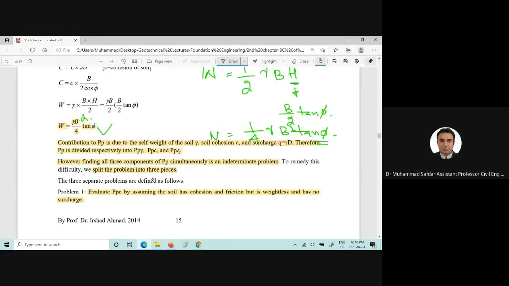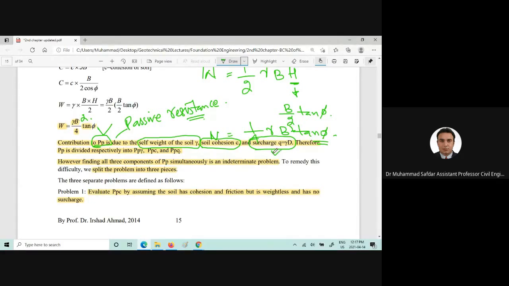Now there is an interesting concept which has been discussed, related to PP. Now that PP, which is the passive resistance, is due to the weight of the soil, the cohesion of the soil, the surcharge of the soil. Now where is surcharge?